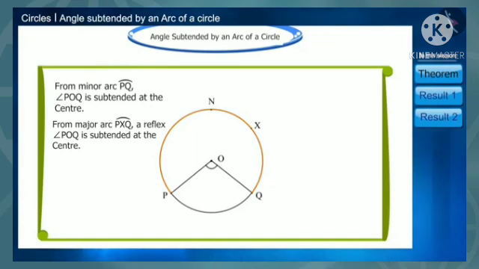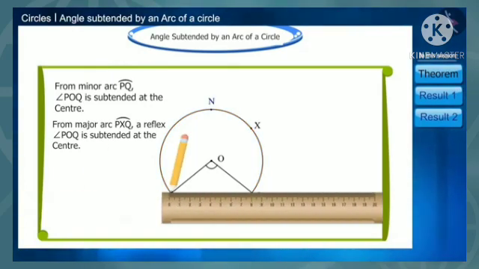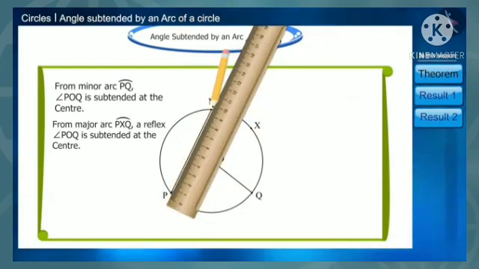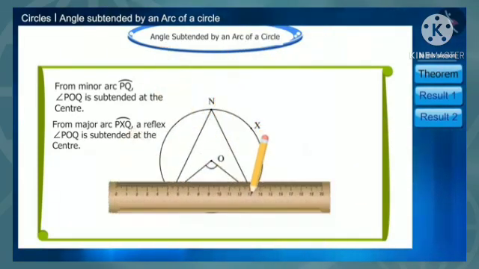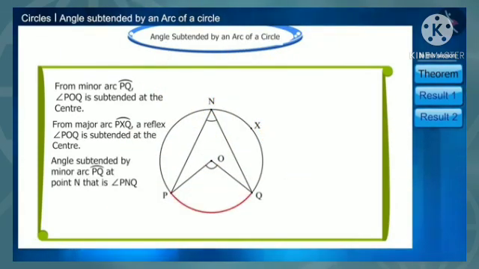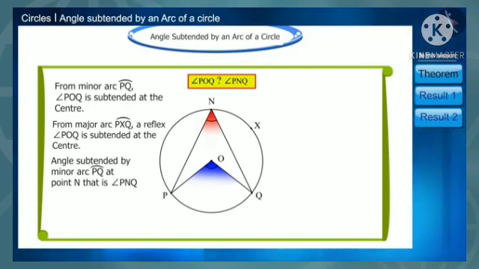If we take point N on the remaining portion of the circle, and connect the points P and Q to the point N, we will get the angle subtended by the minor arc PQ at point N, that is, angle PNQ. Friends, will there be a relation between angle POQ and angle PNQ?